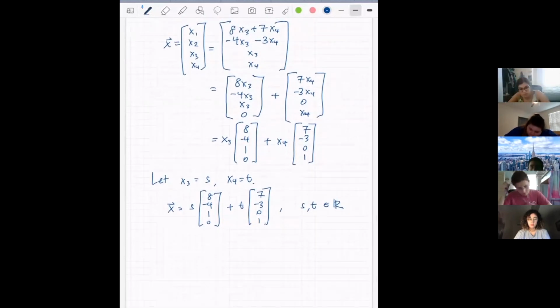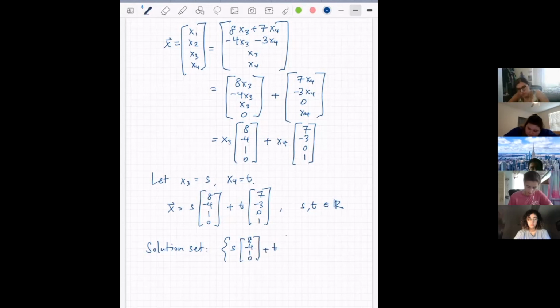And the solution set is, of course, just all of these. This is just writing it in set notation.